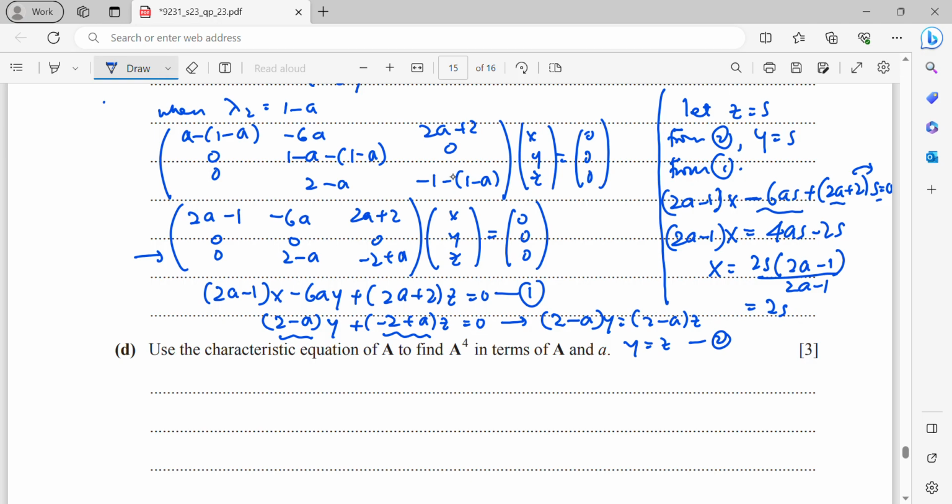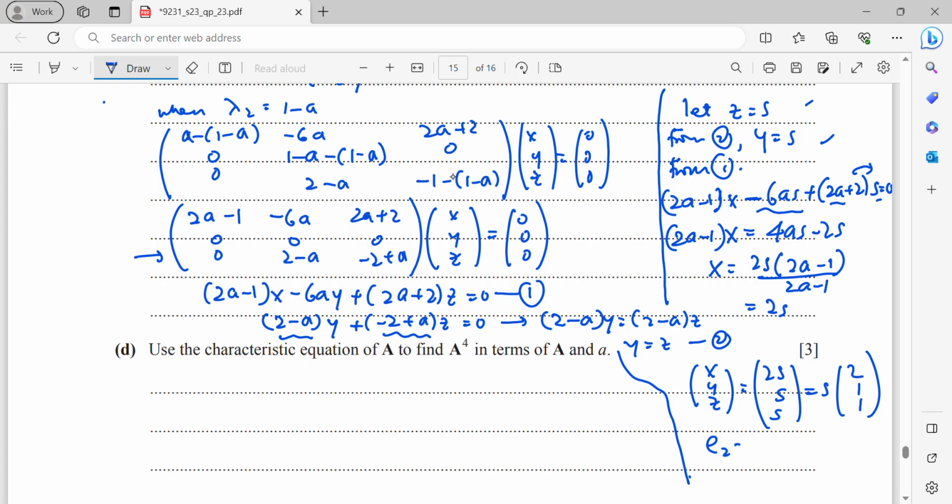Because of not enough space, I continue over here. Then x, y, z is going to be 2s, my y is s, my z is s. Therefore, factorize s, I'll get 2, 1, 1. So this is my E2, which is 2, 1, 1, when the lambda 2 equals to 1 minus a.